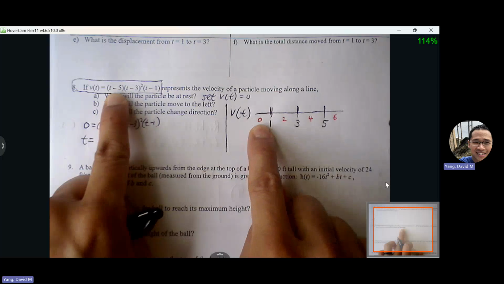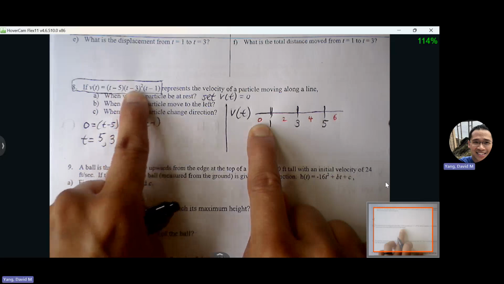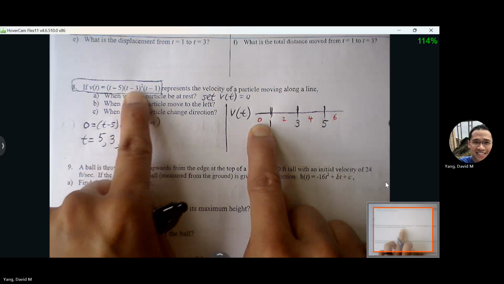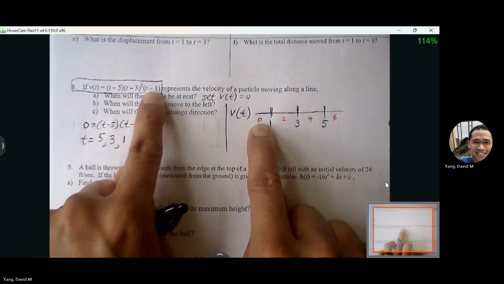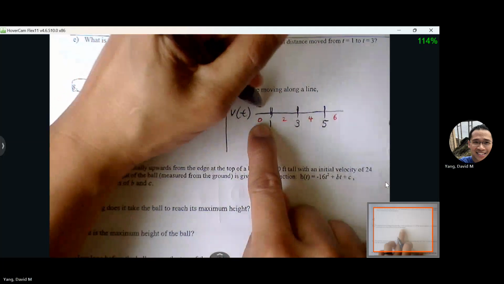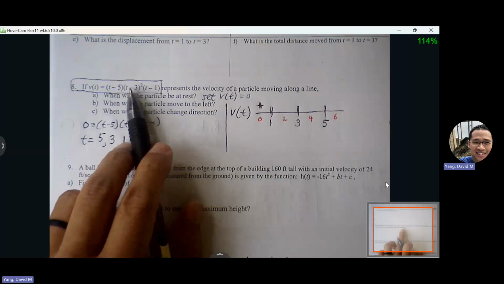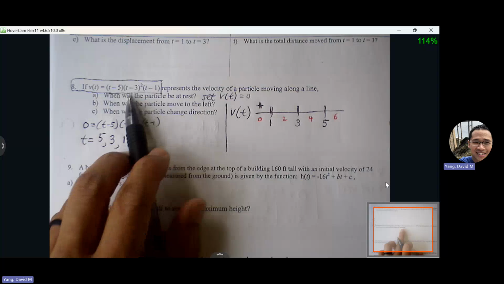So plug 0 in for t. What do I get here? Negative, positive, negative. So 2 negatives makes positive. And from now on, we can ignore that t minus 3 squared because it's always positive, so it's not going to impact the signs.